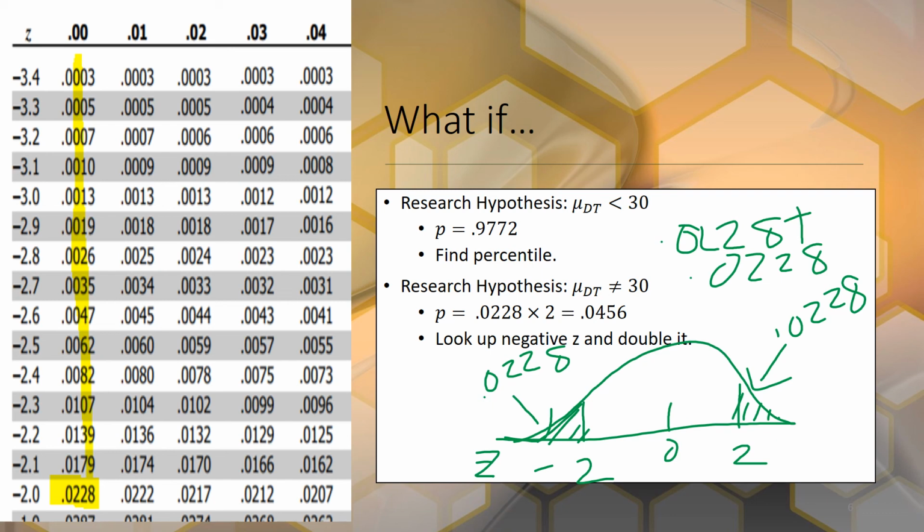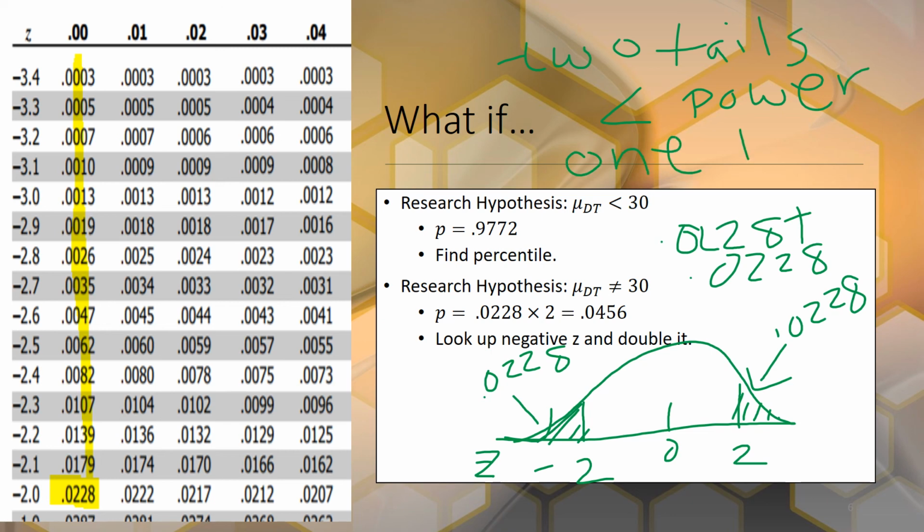So you can see here that given that all things are equal, a two-tailed test has less power. So 2 tails has less power than 1 tail. So if everything's equal, it's harder to find a 2-tailed test significant than a 1-tailed test.